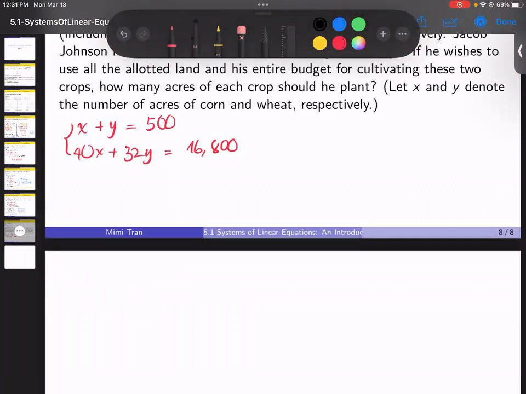You want to use elimination again? Well, let's do substitution.